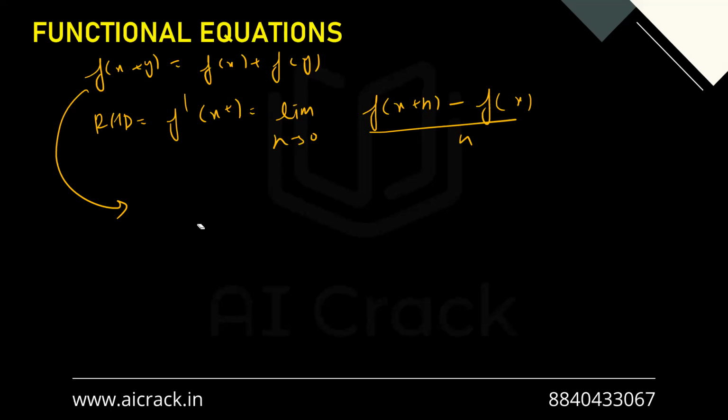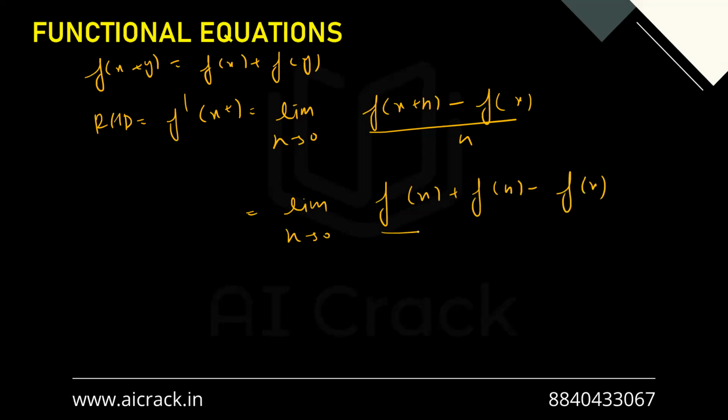So this becomes f of x plus h equals fx plus fh, right? So we'll be using this one over here. So this becomes limit h approaches 0 of fx plus fh minus fx divided by h. Now this and this get cancelled out. What we're left with? Limit h approaches 0 of fh by h.